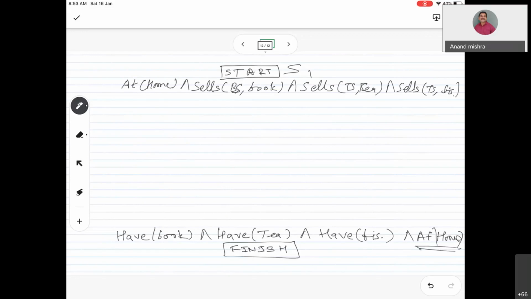This is your S2. But the other things are not satisfied. We need to try to satisfy those. For example, have book is not satisfied. What will satisfy this have book, so that we can have a causal link to that state?